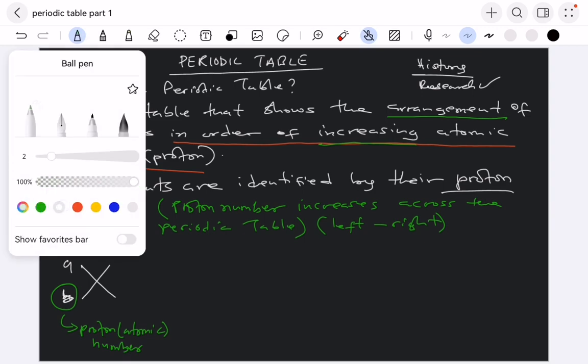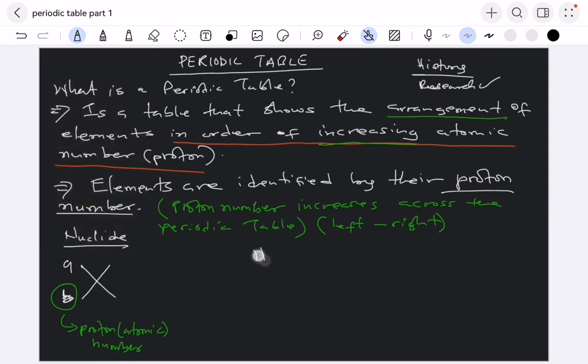Let me give you an example. You have hydrogen here with the proton number 1. When you move further to your right, you will find helium with a 2.